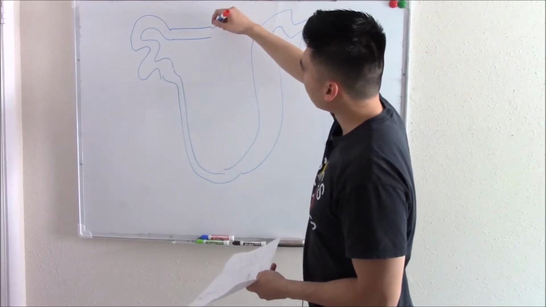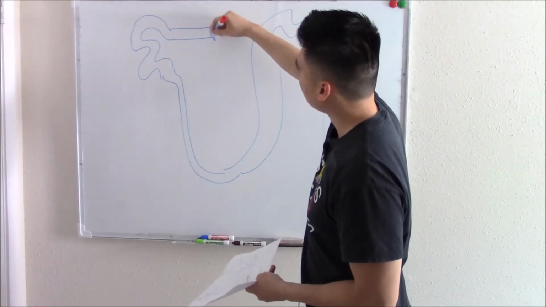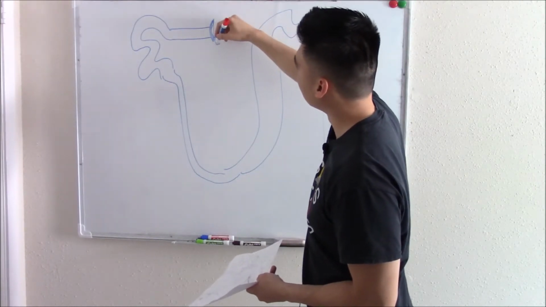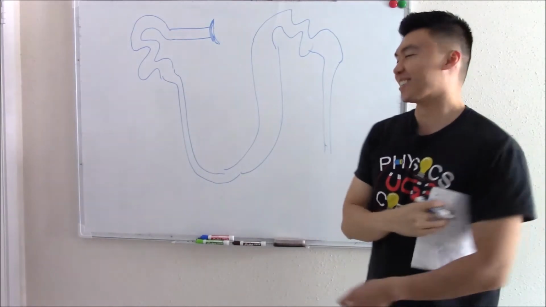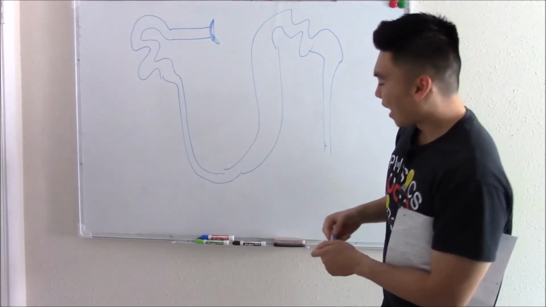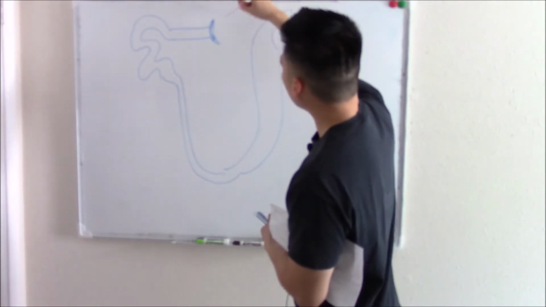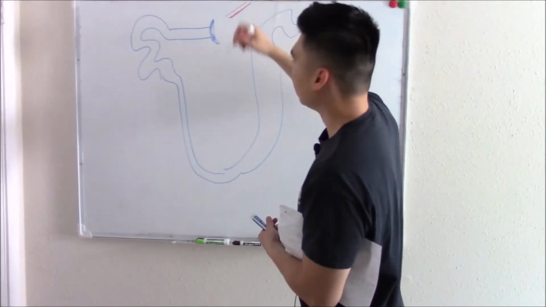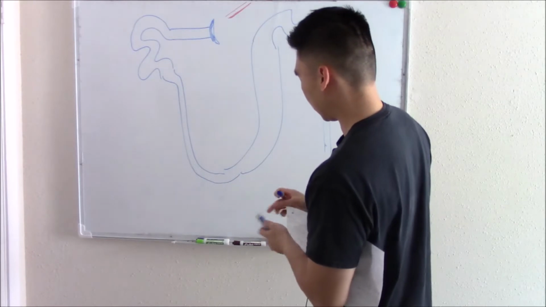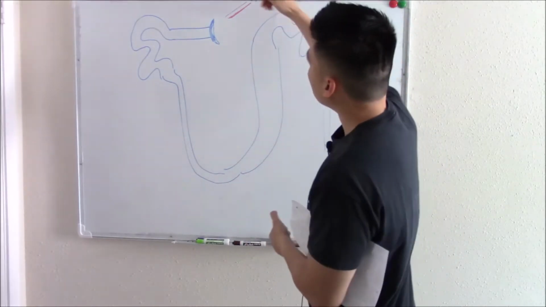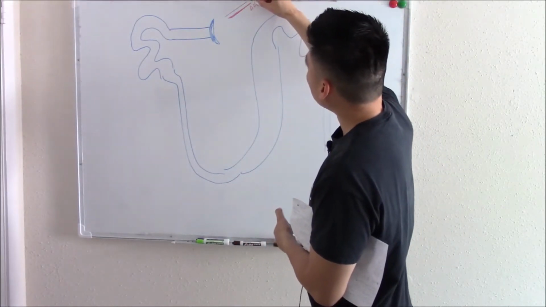At the top, at the cap of your nephron, you have this little sieve, kind of like a pasta strainer, yeah? And a blood vessel will go to this sieve and give it blood to filter. This we call the afferent arteriole.